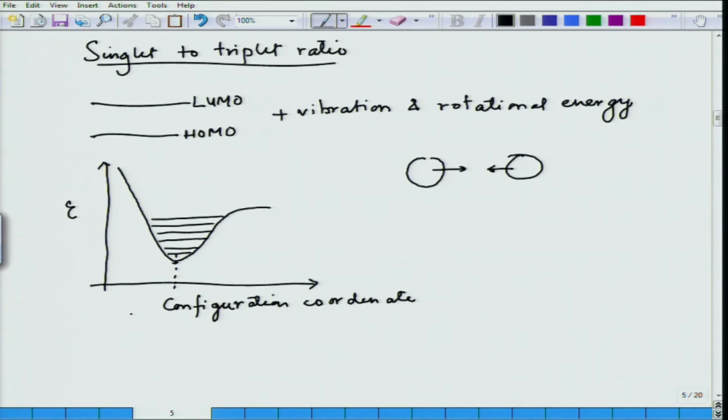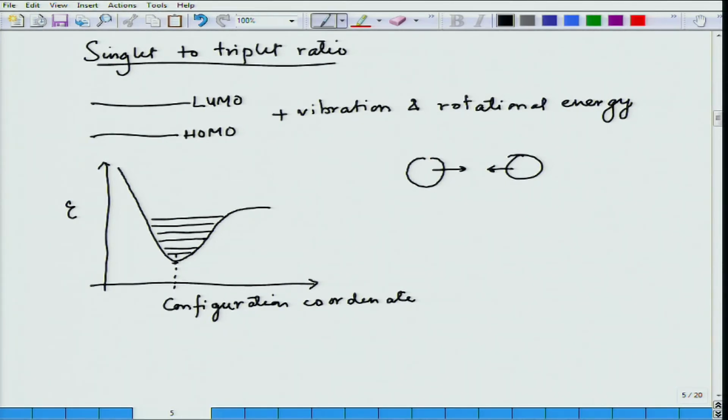So, this we call the molecular configuration coordinate, which describes a lowest minimum energy, plus it is possible to have the molecule in excited vibrational states which are higher than the lowest electronic energy. So, with this addition we can then talk about what is singlet and triplet.